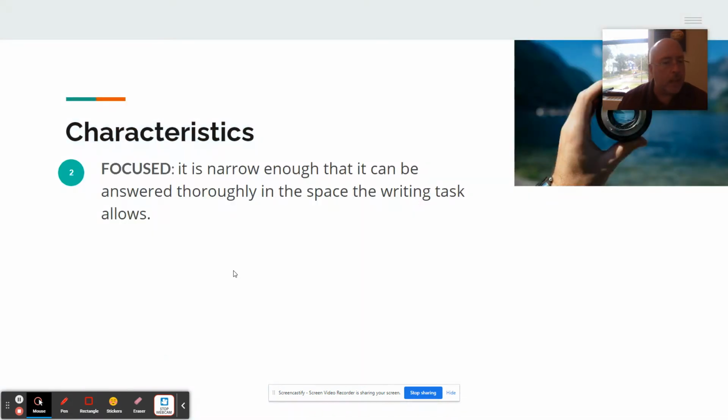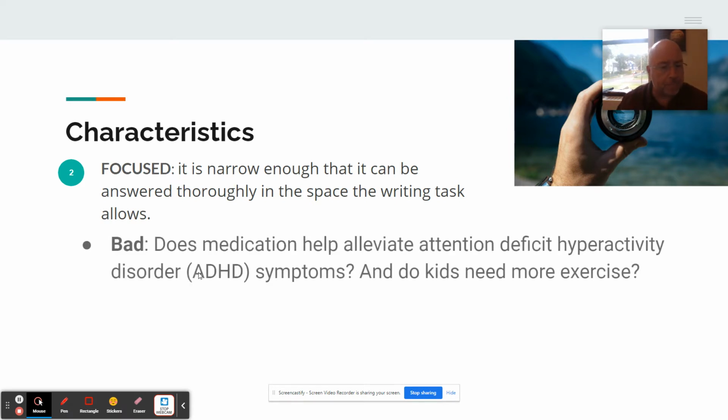Now, it's focused. Focused means it's narrow enough that it can be answered thoroughly in the space that the writing task allows. For example, I'll give you a couple of examples from somebody who's doing a study in ADHD medications. There are people who need help with things like Ritalin and those types of medications. So a bad version of the question is, does medication help alleviate attention deficit hyperactivity disorder, ADHD symptoms?